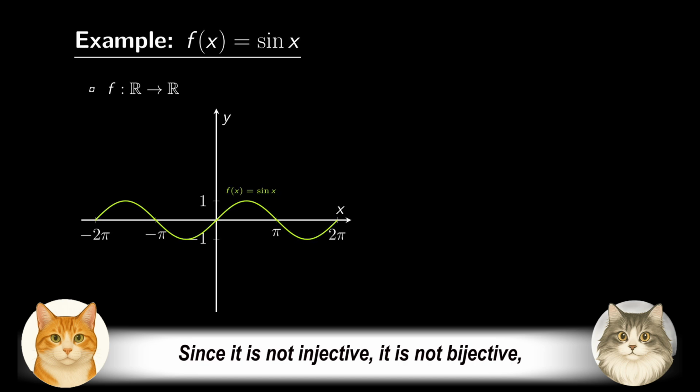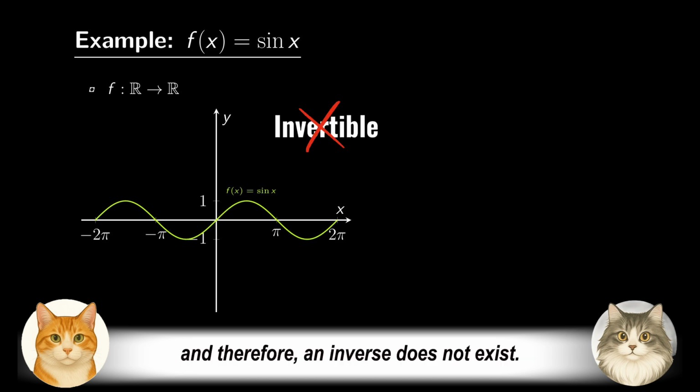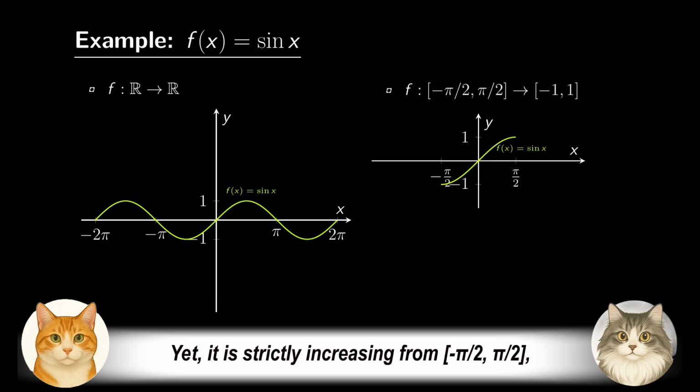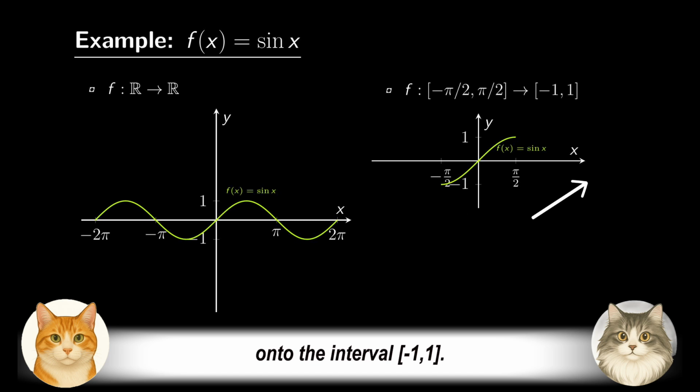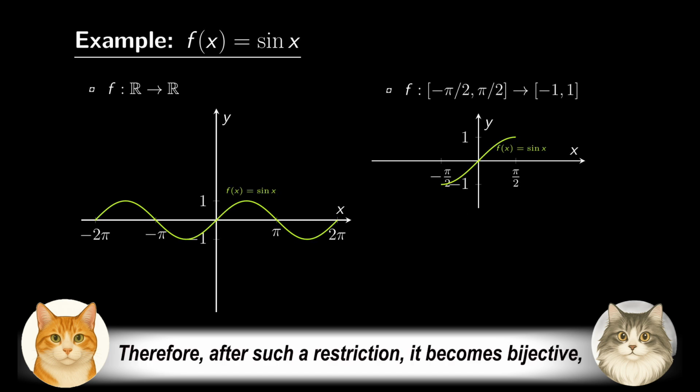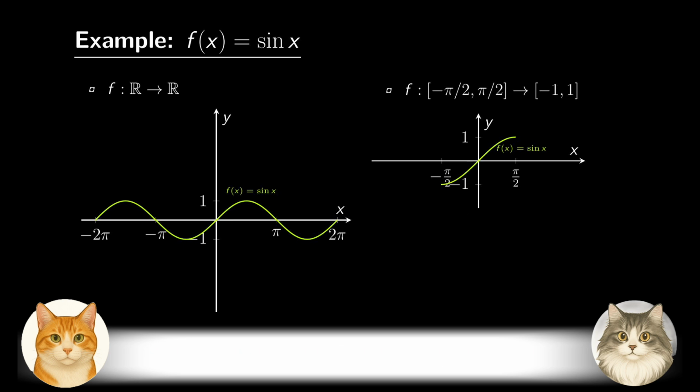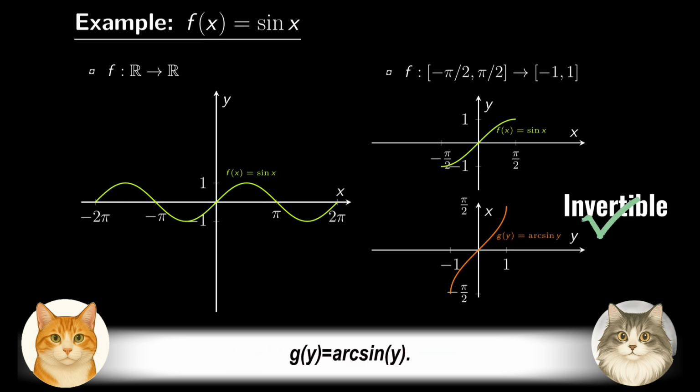Since it is not injective, it is not bijective, and therefore an inverse does not exist. Yet it is strictly increasing from negative π over 2 to π over 2, onto the interval from -1 to 1. Therefore, after such a restriction, it becomes bijective and has an inverse function, g(y) equals arcsine of y.